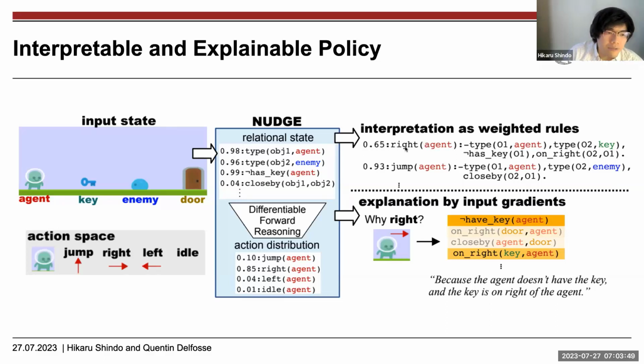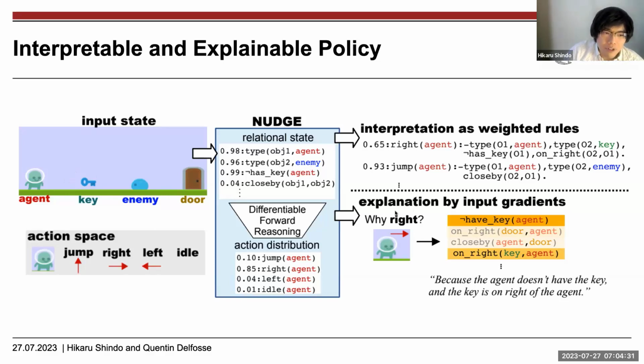In our framework, actions are defined by a set of weighted rules. We can read out the first rule, for example: if object 1 is an agent, and object 2 is a key, and the agent doesn't have the key yet, and the key is located on the right of the agent, then the agent should go right to get the key. If you play this game in this situation, you would likely go right because you don't have the key yet, and you also want to go to the door.